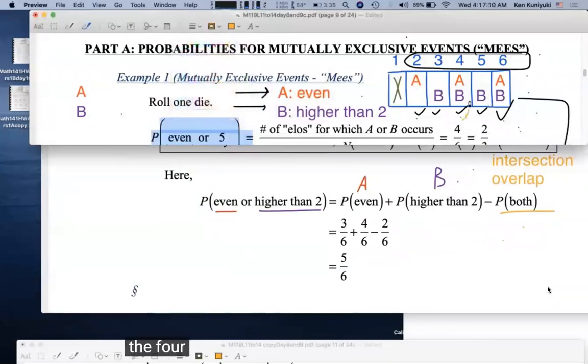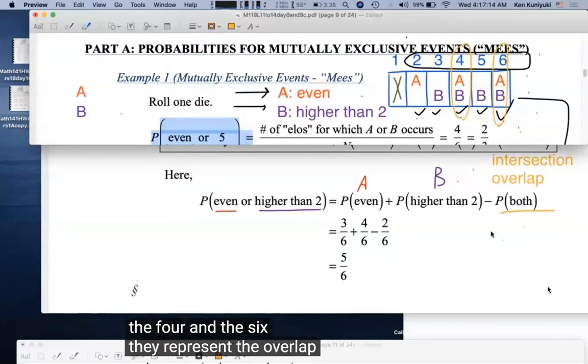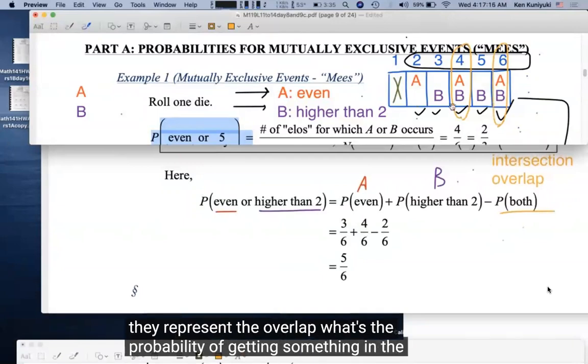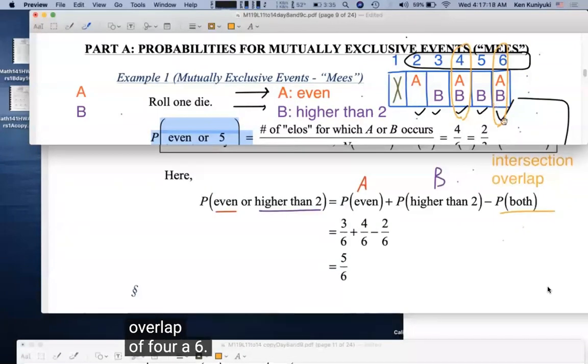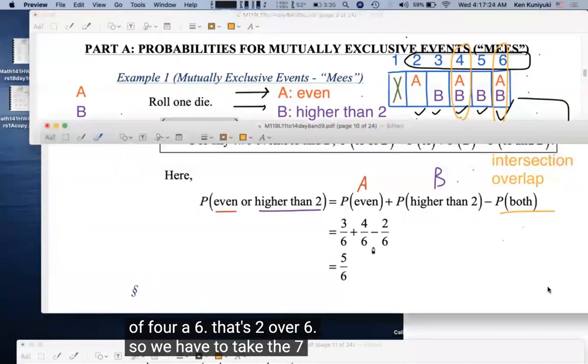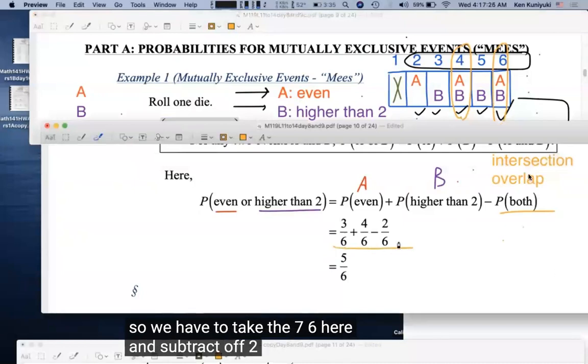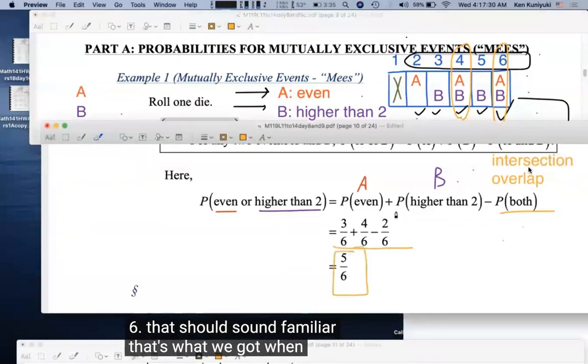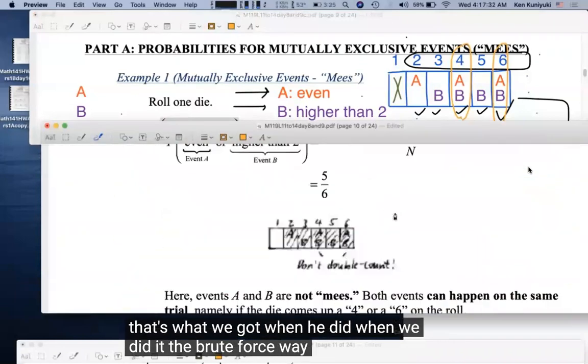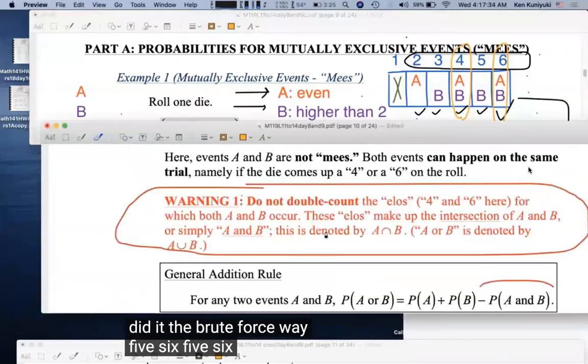The 4 and the 6, they represent the overlap. What's the probability of getting something in the overlap? A 4 or a 6? That's 2 over 6. So we have to take the 7/6 here and subtract off 2/6, and then we get 5/6. That should sound familiar. That's what we got when we did it the brute force way. 5/6 is correct.